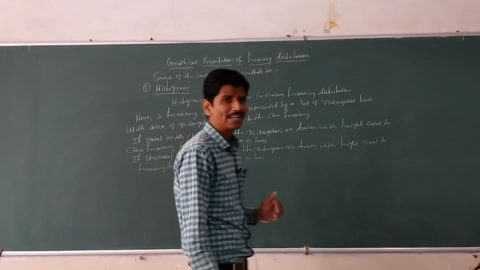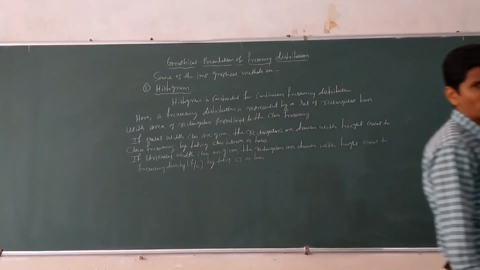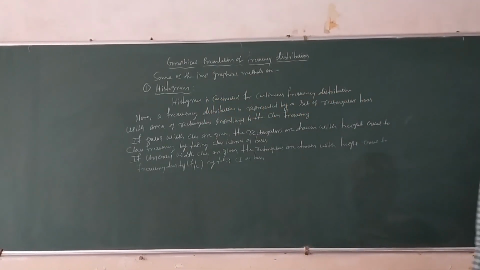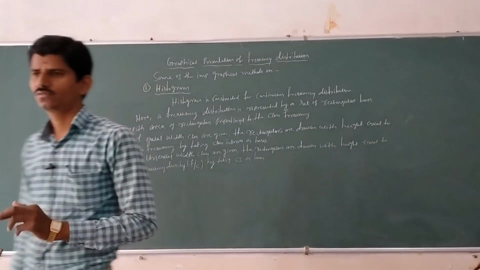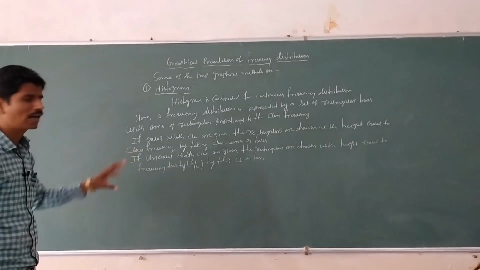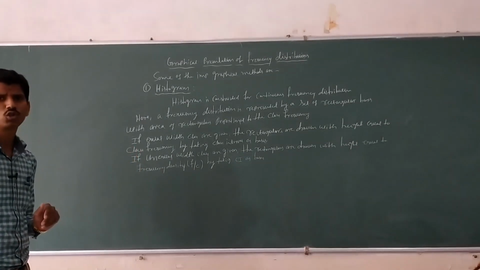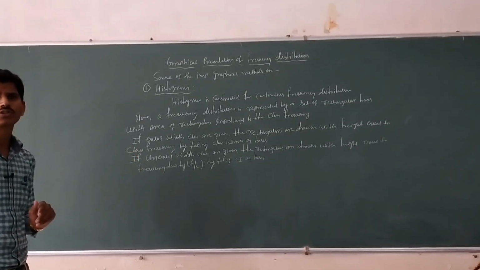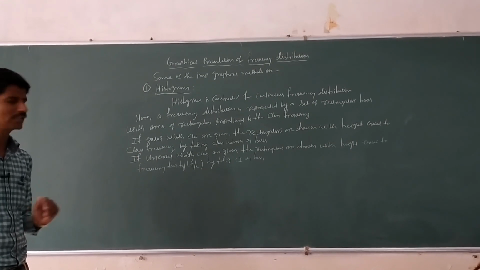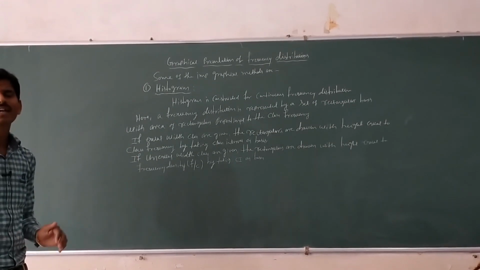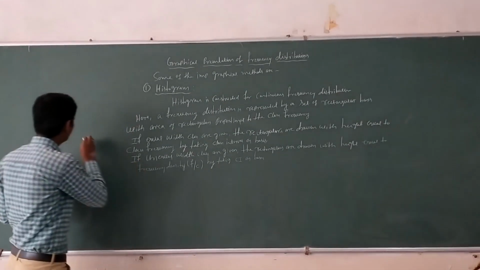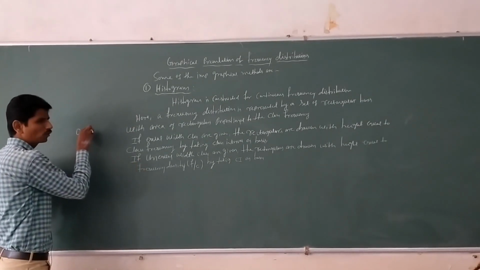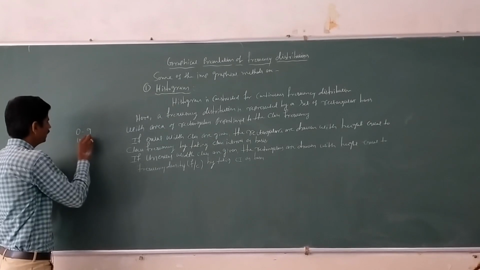While drawing a histogram, the inclusive classes should be converted into exclusive classes. Here, what is an inclusive class interval? 0 to 9, 10 to 19, these are said to be inclusive.